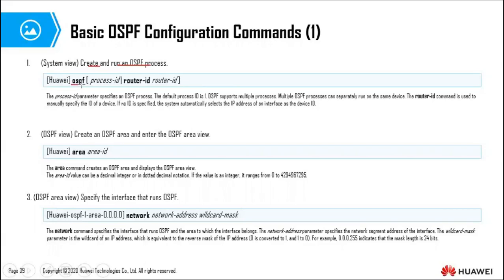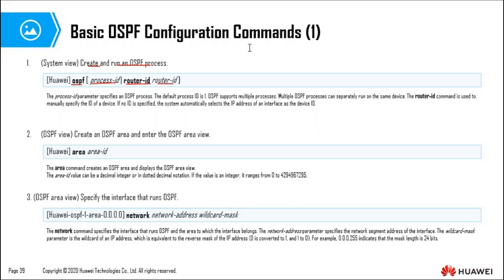We use the command OSPF, then the process ID. You can give it a process ID or fail to do it. If you fail to do it, the default process ID of 1 will be used. Then after that, which is also optional, you can type the router ID, then you give it a particular router ID.